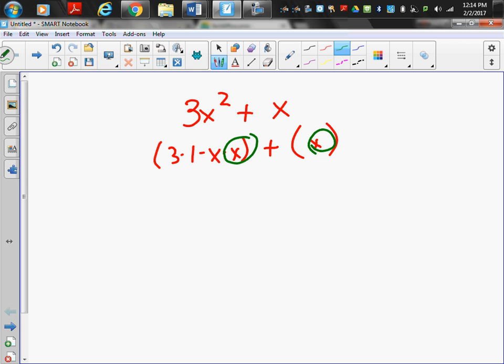So I can pull an x out, and then this stays the same. So 3 times 1 is 3x. We had our understood 1 in front of the x, so 3x plus 1.